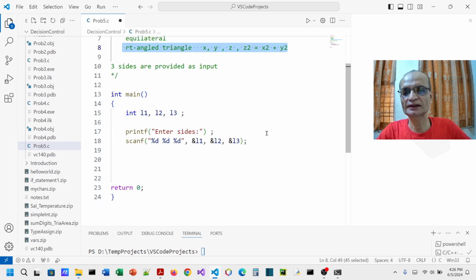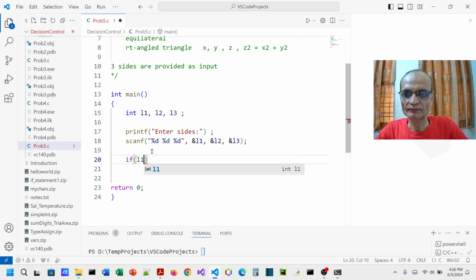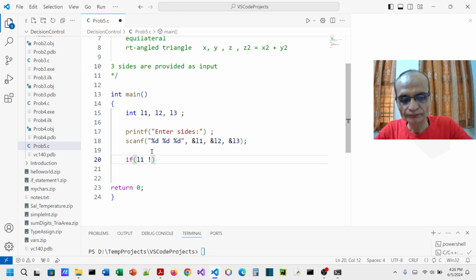So let's first take scalene. As I told you, it's very easy. You can simply put an if condition, and we can simply say L1 is not equal to L2. That's what I told, none of the sides are equal.